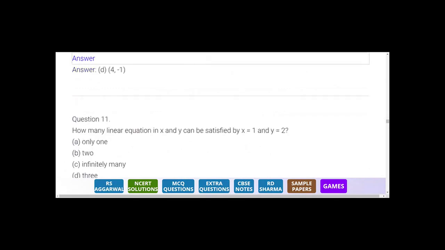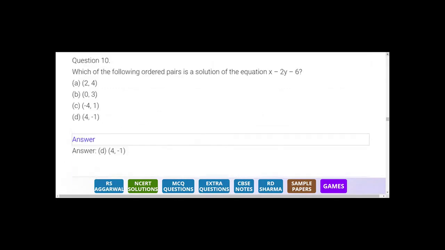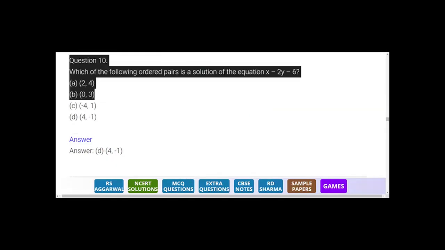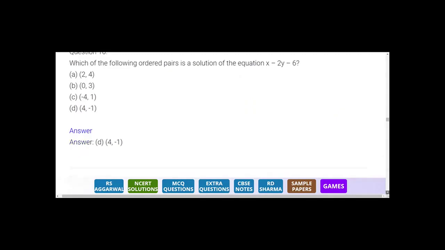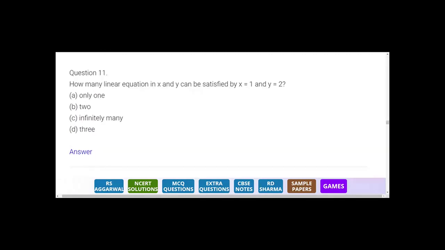They have taken D. 4 plus 2 is 6. This is equals. They have taken that as equal. Okay, ma'am. Equals.